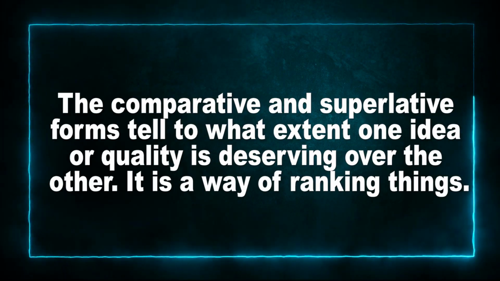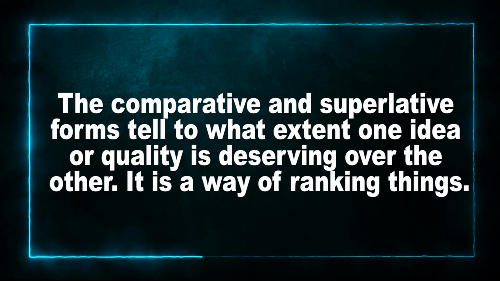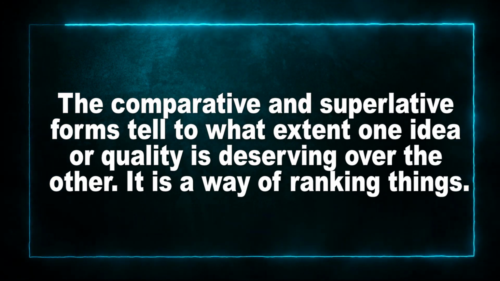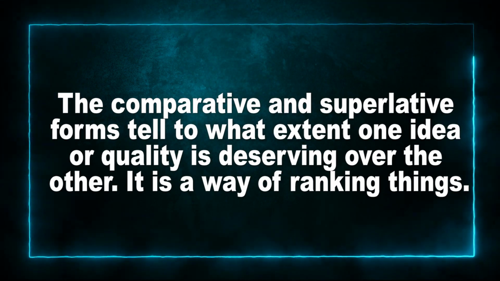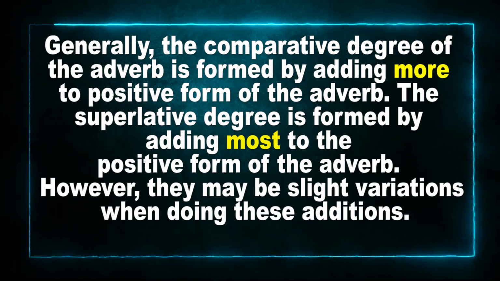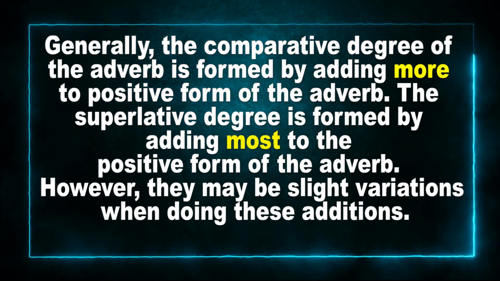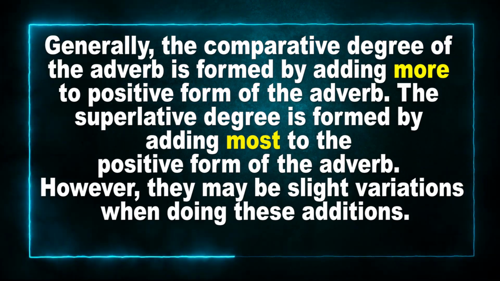The comparative and superlative forms tell to what extent one idea or quality is deserving over the other. It is a way of ranking things. Generally, the comparative degree of the adverb is formed by adding more to the positive form of the adverb.